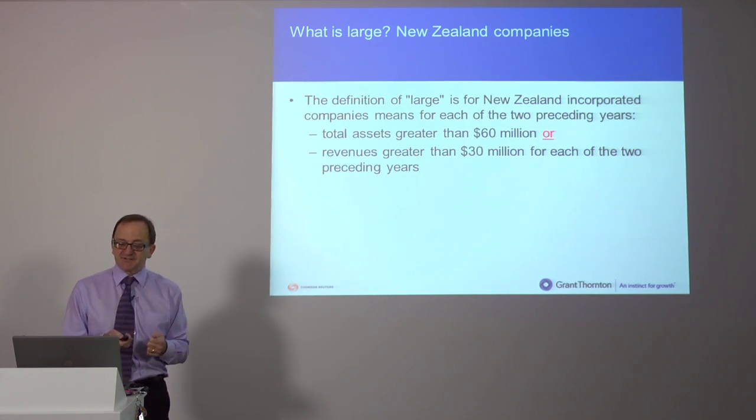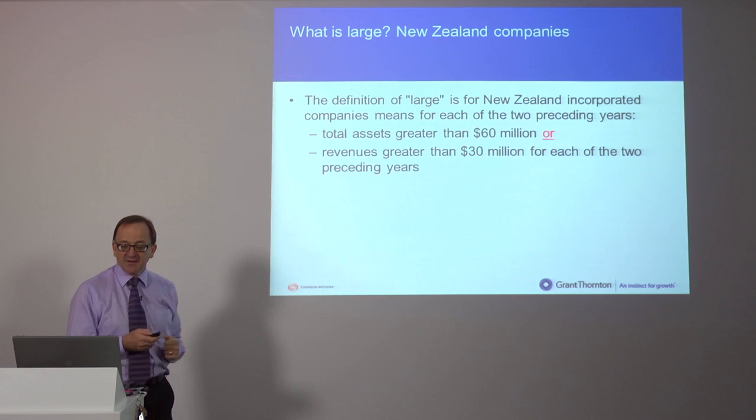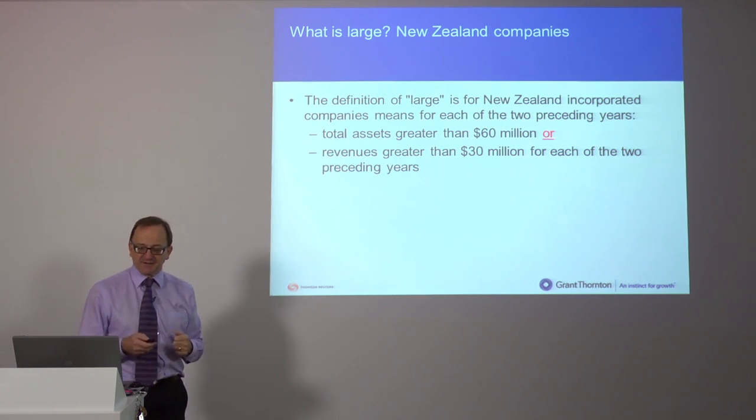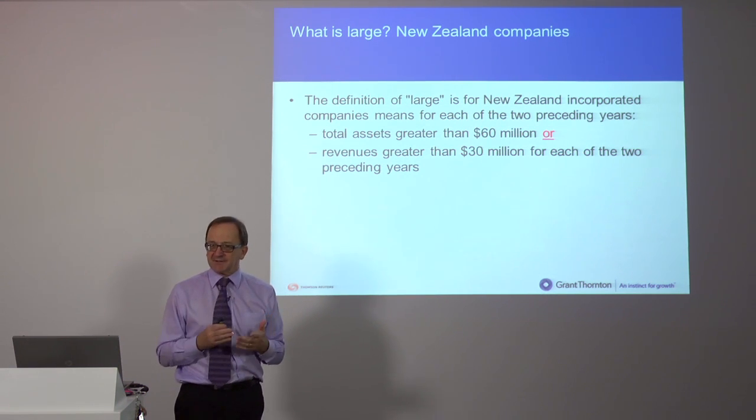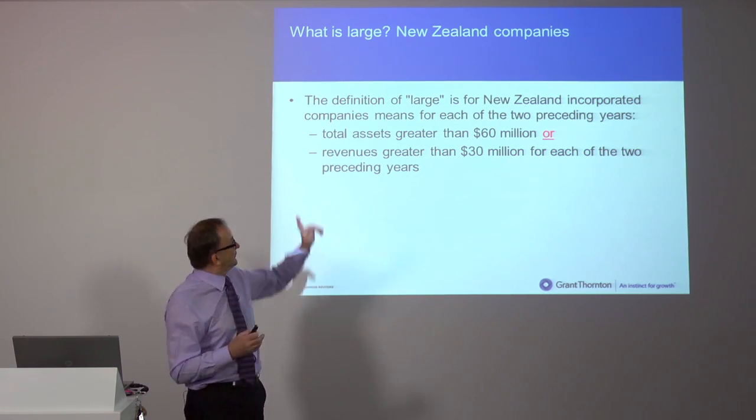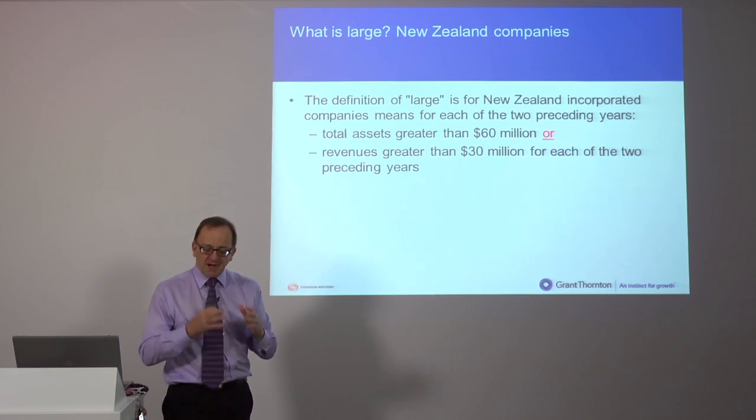In each of the 2 preceding years, have you either got total assets greater than 60 million or revenues greater than 30 million? Now, a question that was put to me just a couple of weeks ago was, Mark, I've got 1 year where assets are greater than 60 million, and then the next year where revenue is greater than 30 million, but the assets fell back below that 60 million threshold.